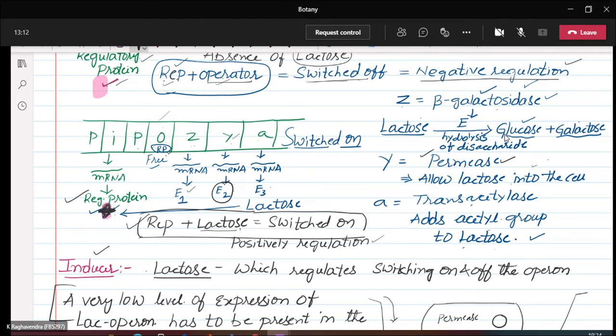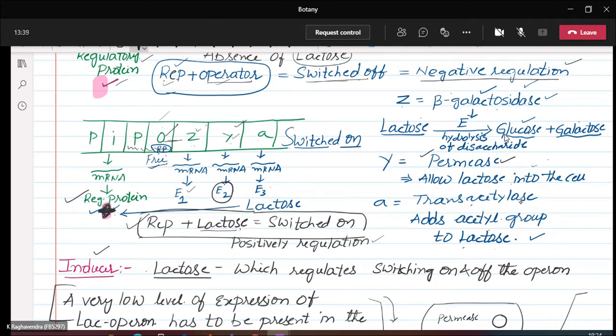Then the operator becomes free. When the operator gene becomes free, the RNA polymerase can access the promoter sites and start the process of transcription. When it initiates transcription, it transcribes Z gene and produces beta galactosidase, transcribes Y gene, produces permease, transcribes A gene, produces transacetylase.